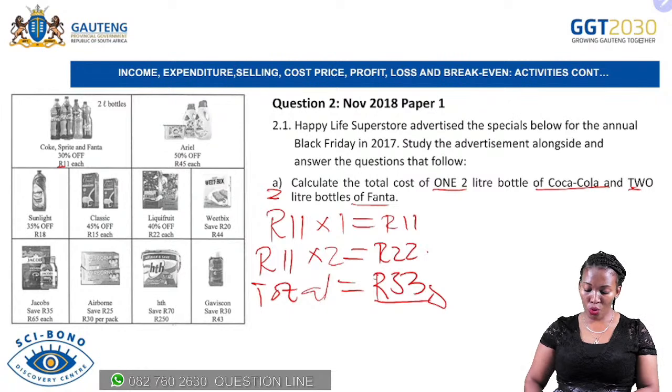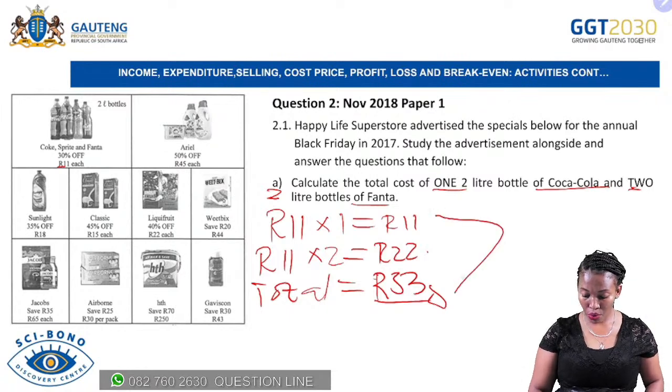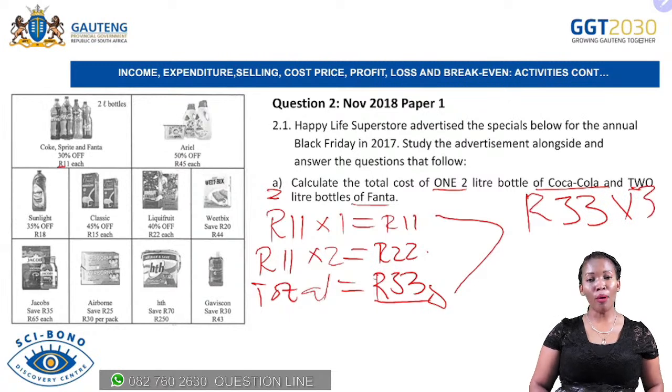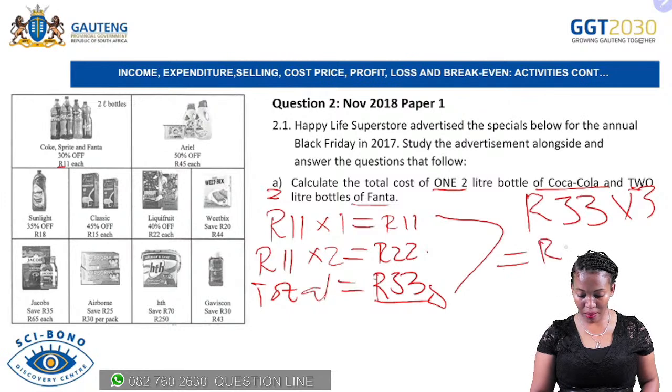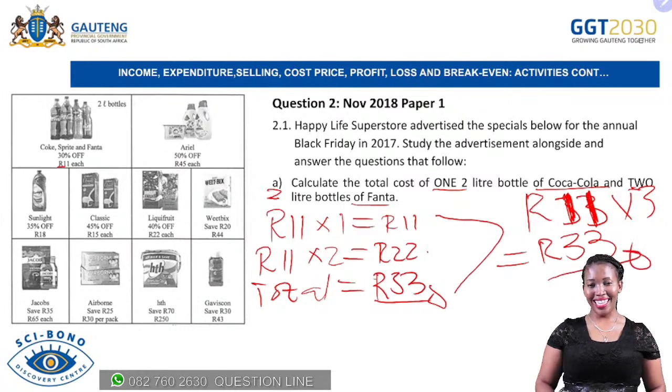If you want, you won't take it this far like me. You will just say 33 rands multiplied by 3 bottles, because the price is the same for all of them. So 33 rand multiply, I'm sorry, not 33 guys, but rather 11, because each bottle is 11 rands. You'll say 11 multiplied by 3, and then you will get 33 rands.